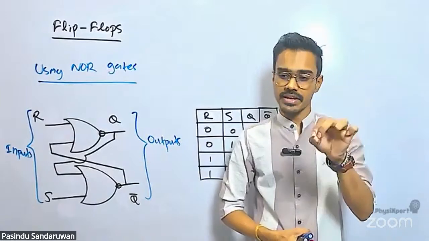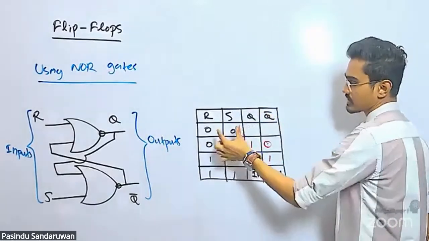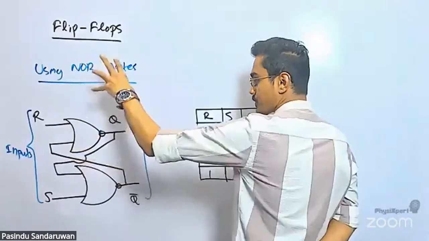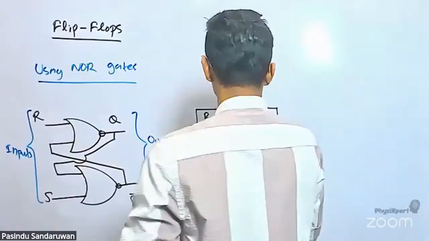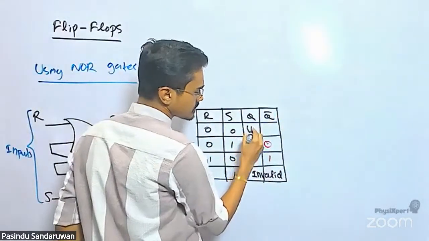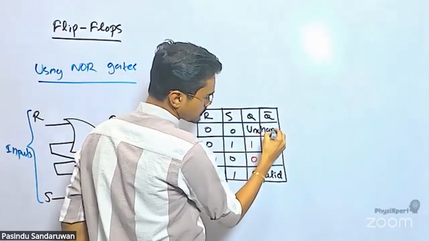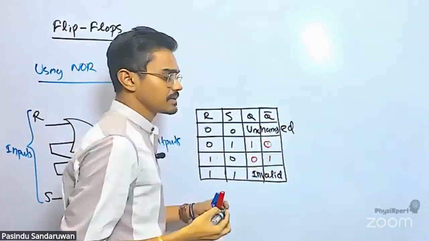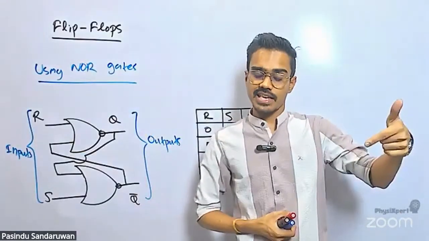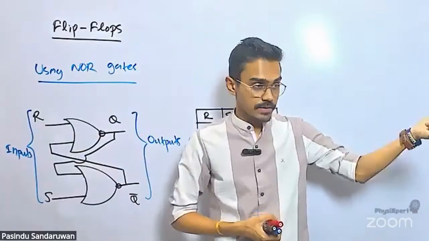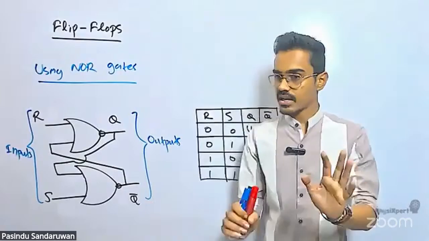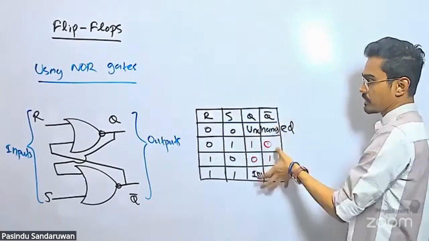This not-simplifiable state is the memory state, called unchanged, which means the immediate previous output is unchanged. That's how the truth table of a flip-flop is filled.